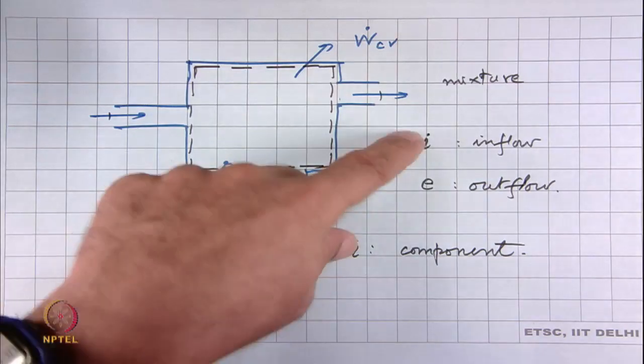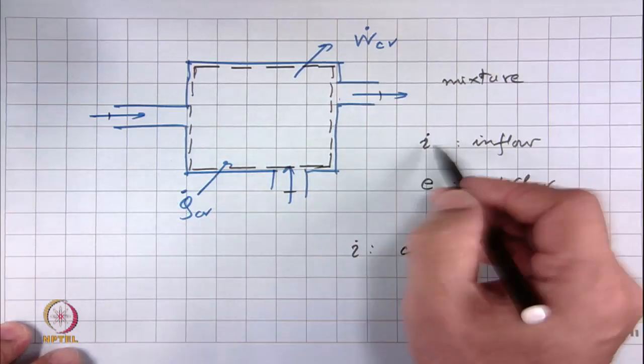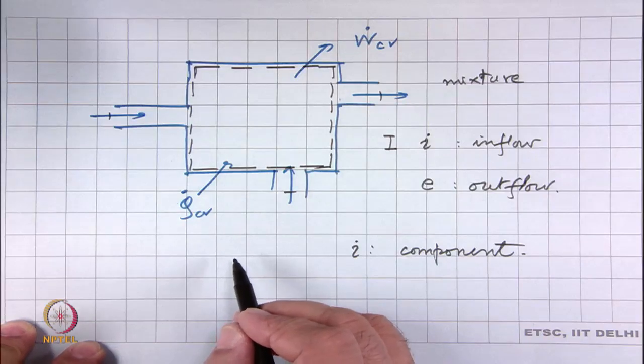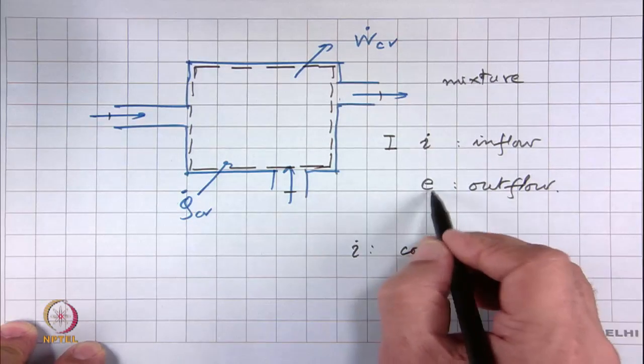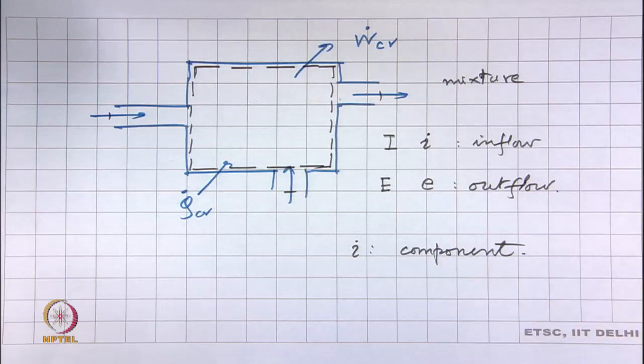So, the same subscript is appearing for two things, and to avoid confusion, we will make a small change and say that for inflows, instead of lowercase i, we will use uppercase I, and for outflows, instead of using lowercase e, we will use capital E.